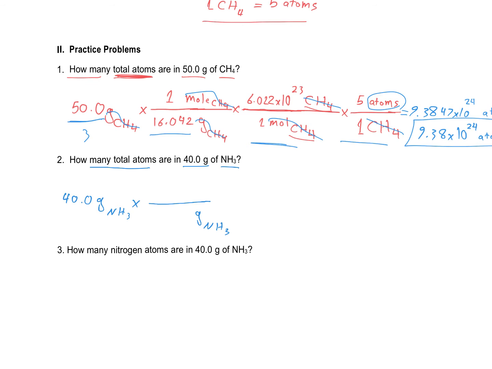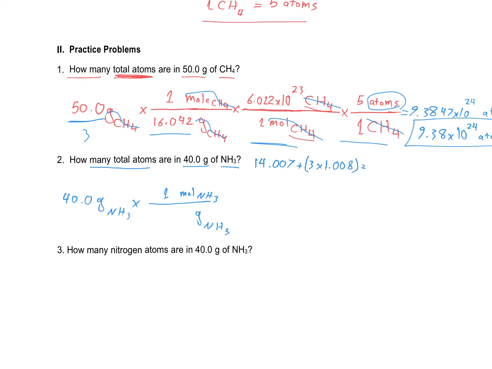So NH3 and 1 mole of NH3. Let's find the molar mass of NH3. The mass of nitrogen is 14.007 plus we have 3 hydrogens, and the mass of hydrogen is 1.008.